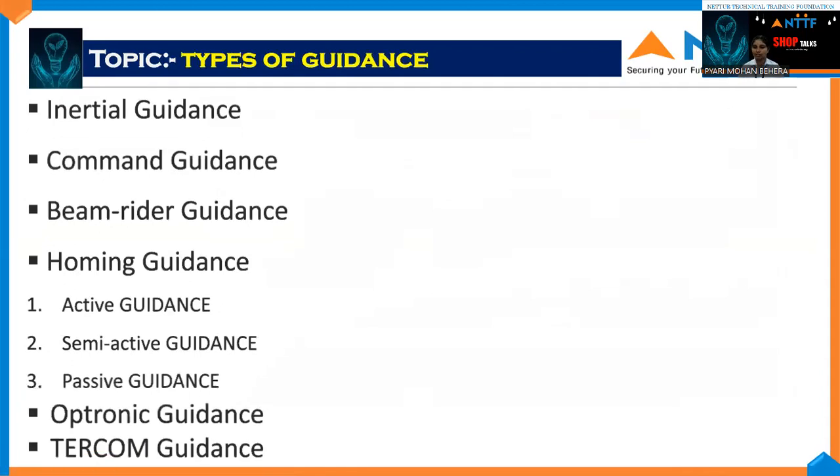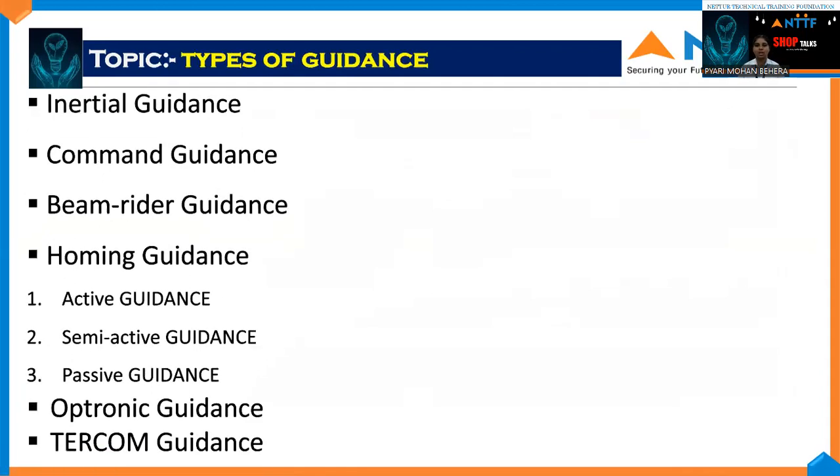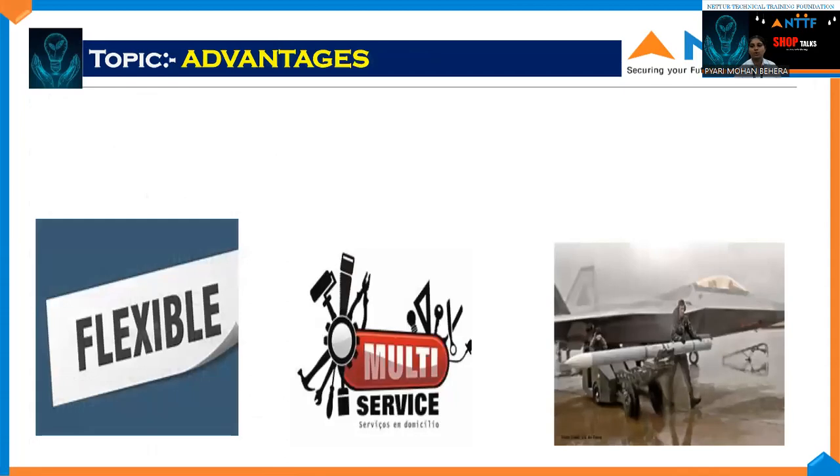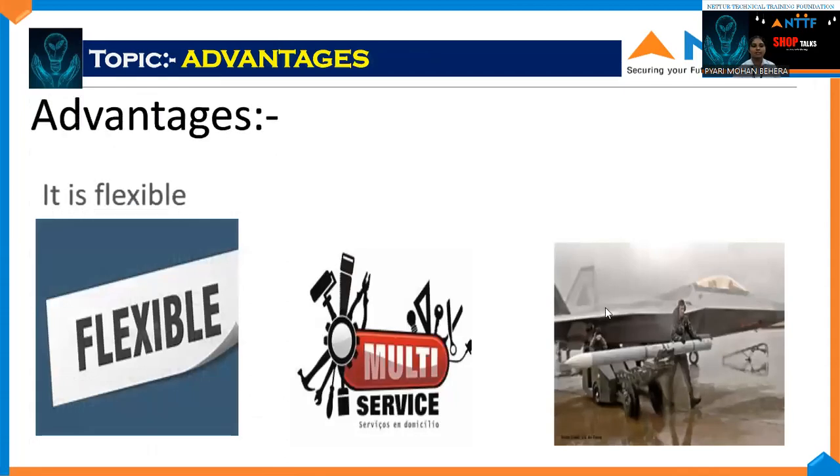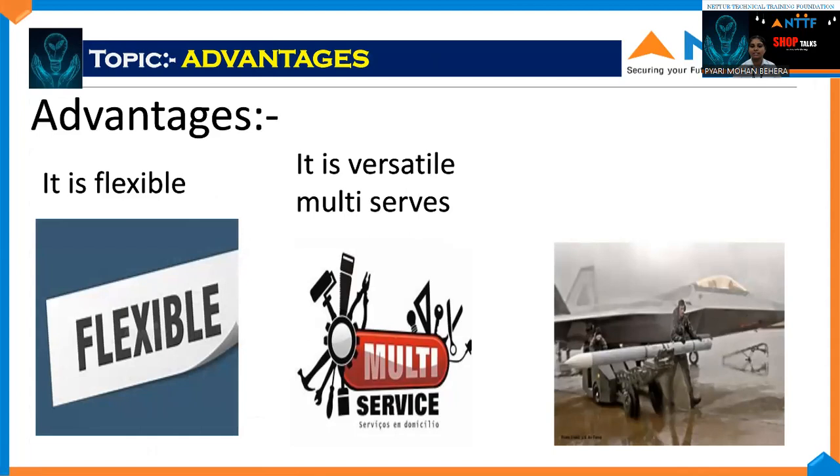Then types of guidance. There are many types of guidance: inertial guidance, command guidance, beam radar guidance, and homing guidance. Homing guidance has three types: active guidance, semi-active guidance, and passive guidance. Then optronic guidance, then telecom guidance. Then advantages: it is flexible, multi-service, and minimal training is required for launching this missile.